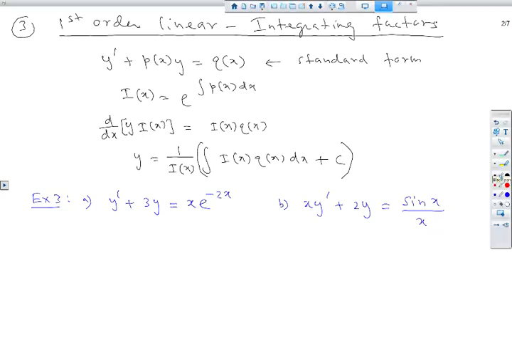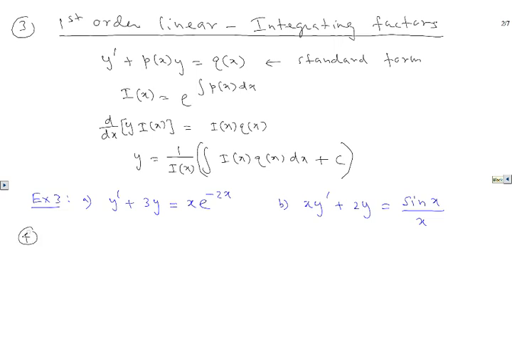Number 4. In number 4, what we're trying to do is what we call the substitution methods. There are 3 methods. The first one is what we call the basic substitution.